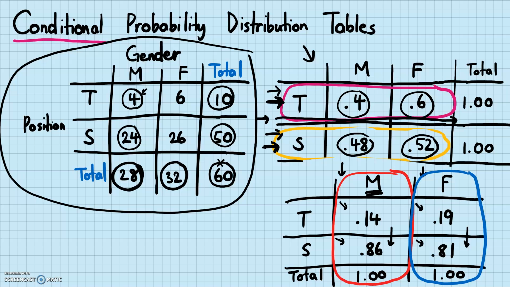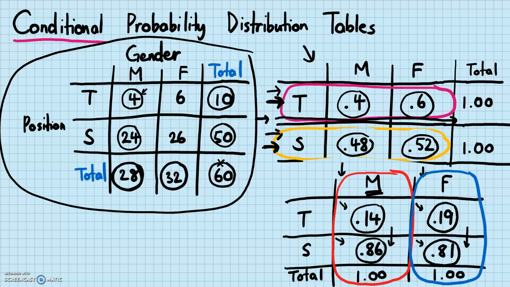This tells you that, we're just looking at the male, 14% of male are teachers, and 86% of male are students. And here, 19% of females are teachers, and 81% of females are students.